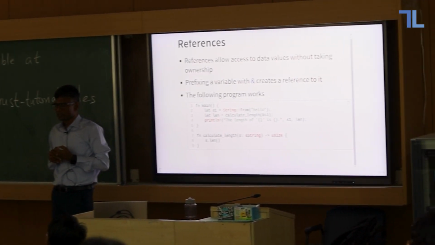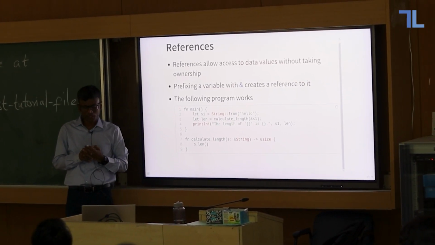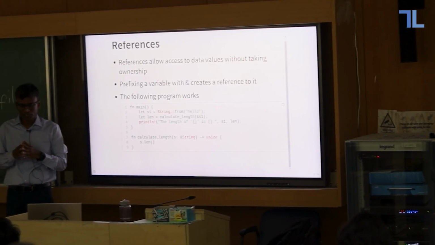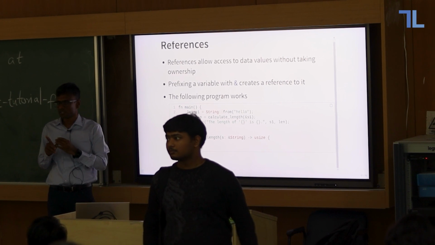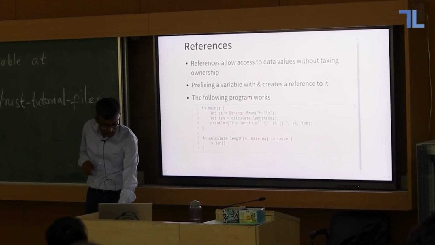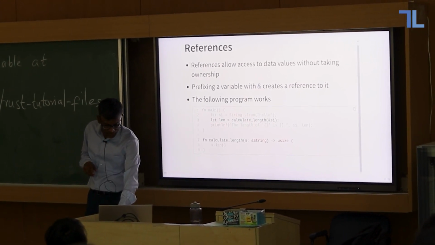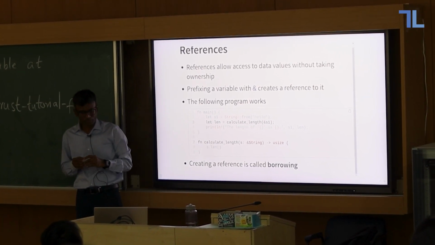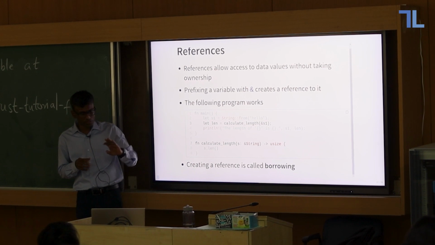The thing with references is that you can have multiple immutable references to a variable, but only a single mutable reference. I will show you the difference in the syntax. Creating a reference is called borrowing.